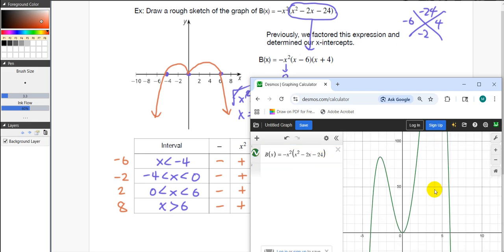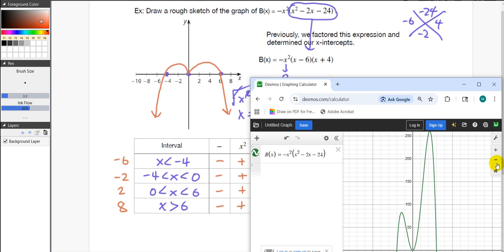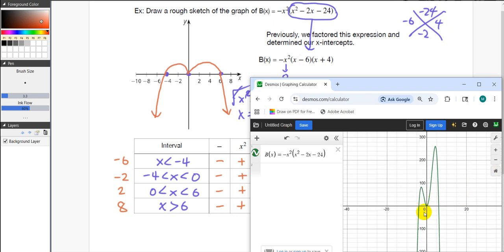As you can see, it's not exactly the same as what we have there, but in general, the most important parts that we could figure out were that it goes down, goes up, then comes back, and then goes up, and then comes back down, which is shown over here. So yeah, basically that's it then.